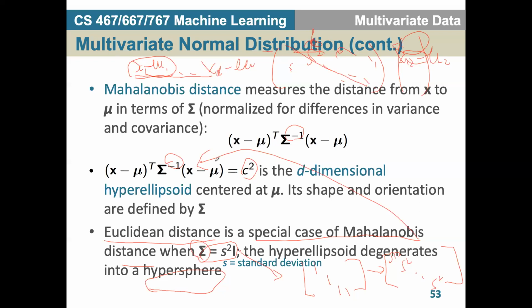So this is essentially saying that it equals 1 over s squared times x1 minus mu1 squared, plus all the way to plus xd minus mu d squared.